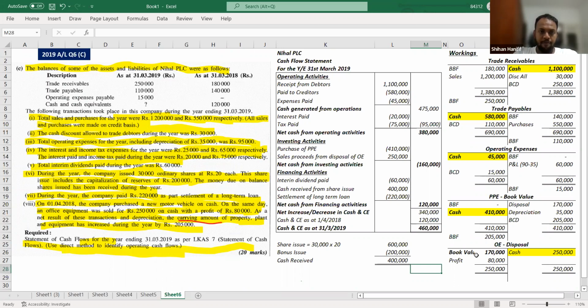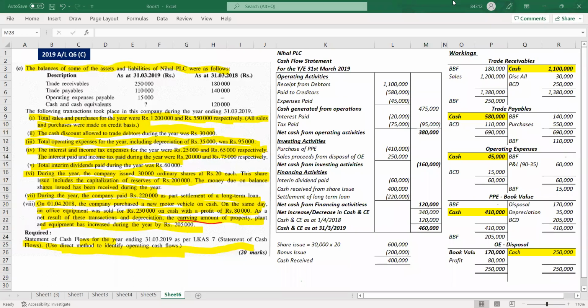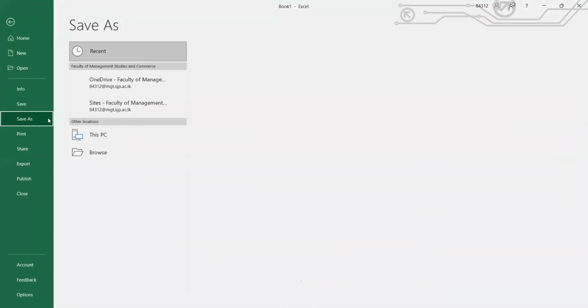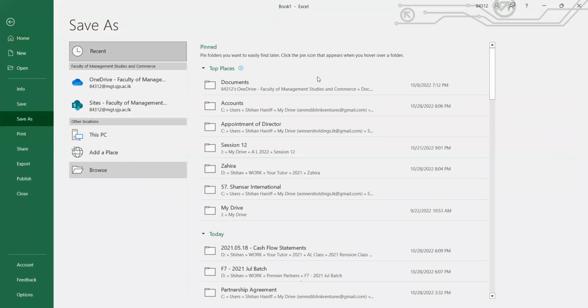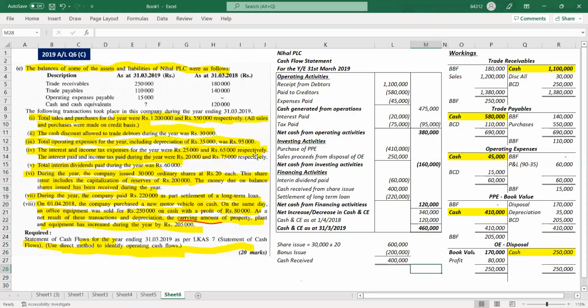Whenever we get more time, we will do the other questions as well. Try to understand the basic concepts. Then it's easy. Right.